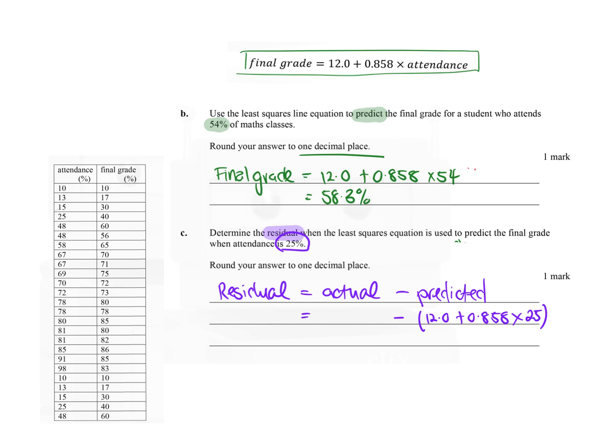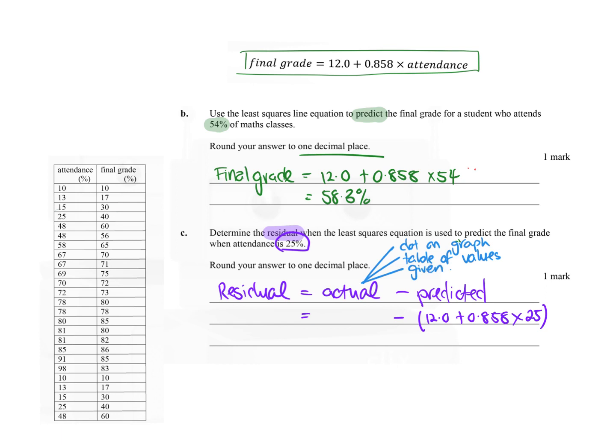Now, to find where the actual is. The actual can be found in a few places. One, it could be the dot on the graph. The second spot, it could be in the table of values. So maybe they might give you both these options, they might only ever give you one, or it could be given to you.